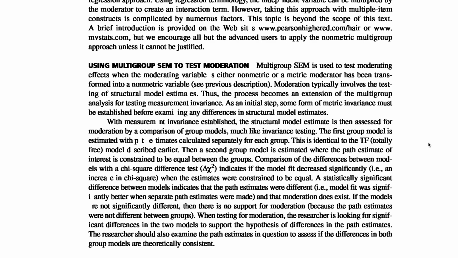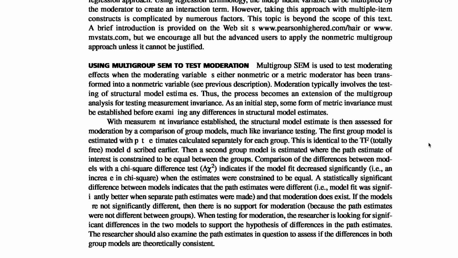This is identical to the totally free model described earlier. Then the second group model is estimated where the path estimate of interest is constrained to be equal between the groups.